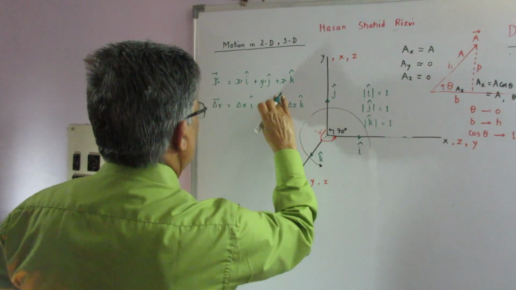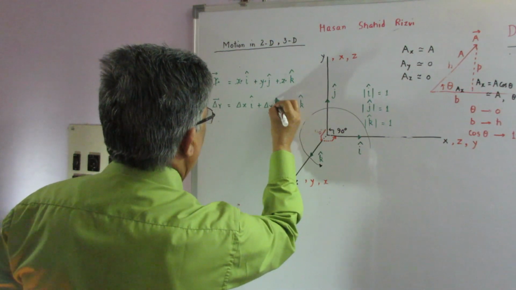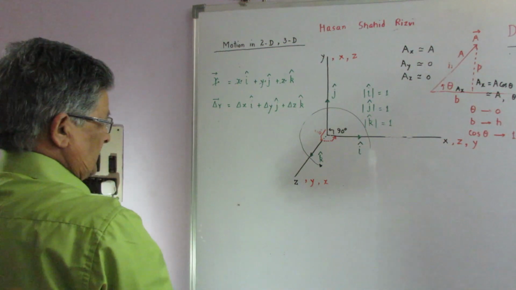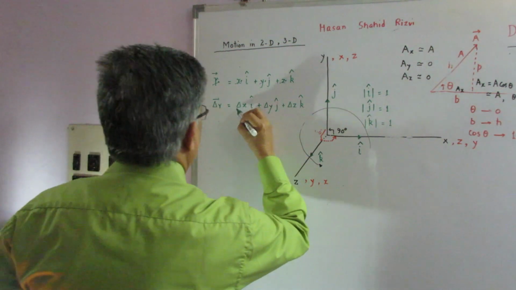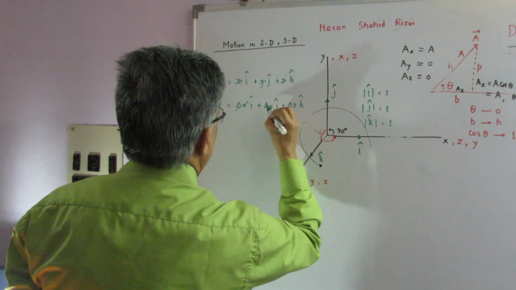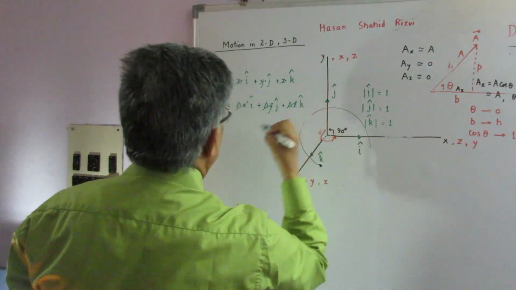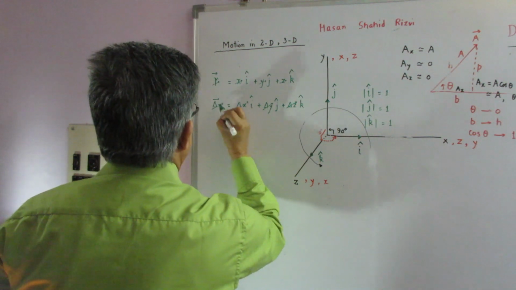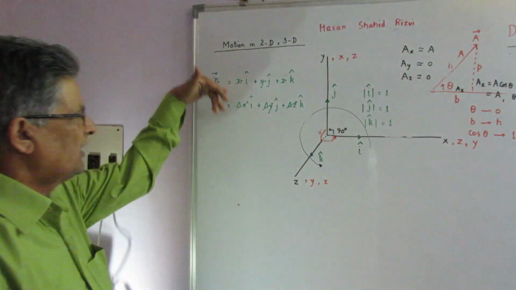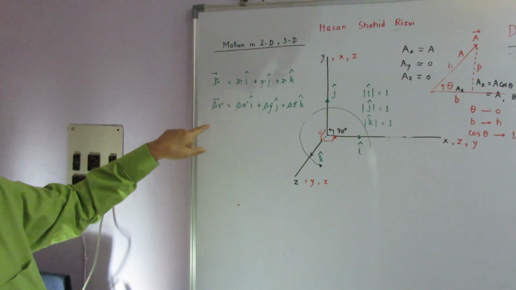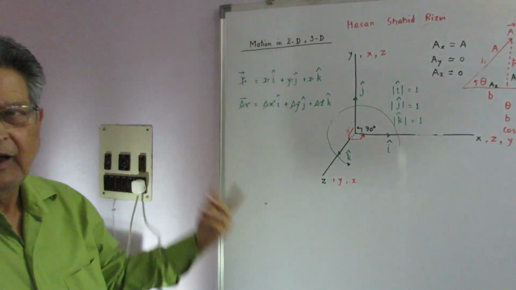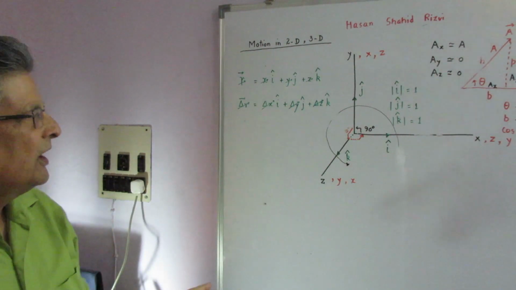Once again, this is the displacement in the x direction, in the y direction, in the z direction, and this is the total displacement. Similar equations we can obtain for velocity, acceleration, force, etc.